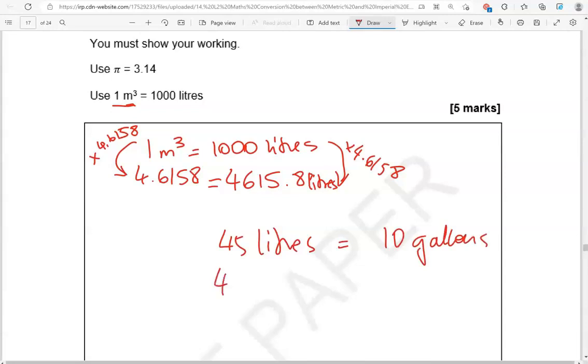What about 4,615.8 liters? What's that equal to in gallons? What do we multiply 45 by to get 4,615.8?